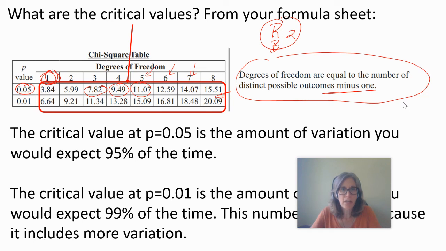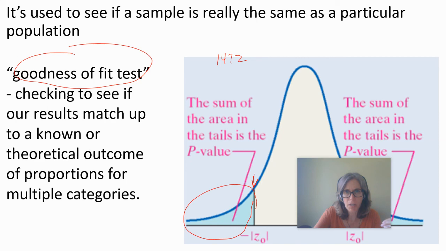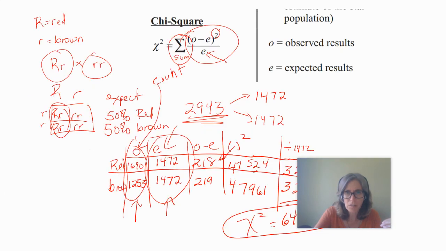So your critical value at a p of 0.05 is the amount of variation you would expect 95% of the time. Take a look right here, 3.84. That's my critical value. Do you remember how I calculated a chi-square value of, I think it was 64? Let's go back and see. Yep, our chi-square value was 64, right here.